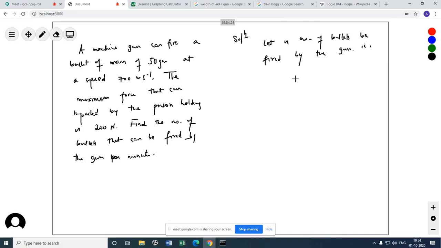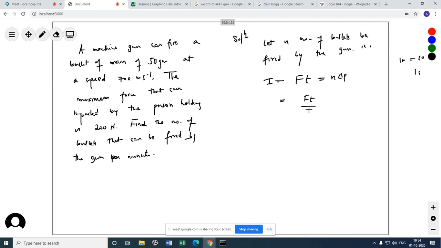Ft, that is impulse, is equal to n into change in momentum, delta P, right? But T is not in second, it is in minute, I said. So this force I have already given to you. You need to find n. So T should be in minute. 1 minute is equal to 60 seconds. So 1 second must be 1 by 60.